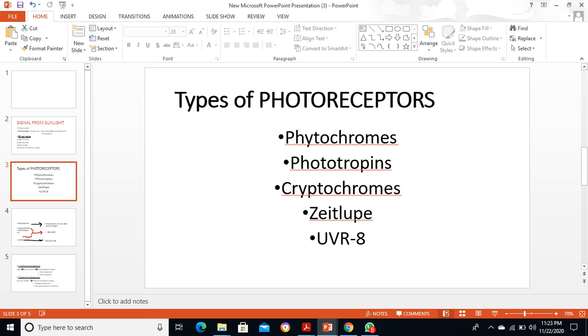So photoreceptors are also classified into different types based on their ability to absorb specific wavelengths of light. They are classified into five major types. First is phytochromes, second is phototropins, third is cryptochromes, then Zeitlupe, and UVR8.